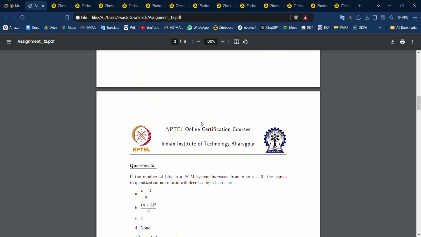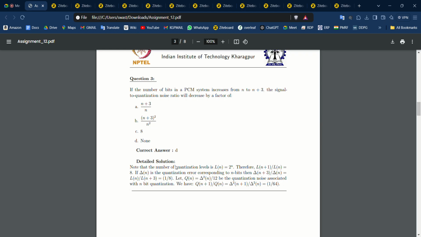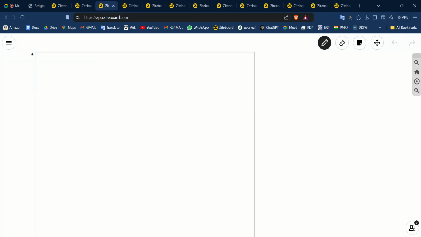Now, question 3: if the number of bits in a PCM system increases from n to n plus 3, what happens to the signal to quantization noise ratio?